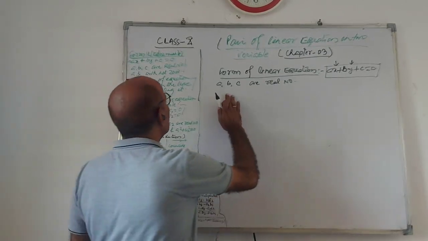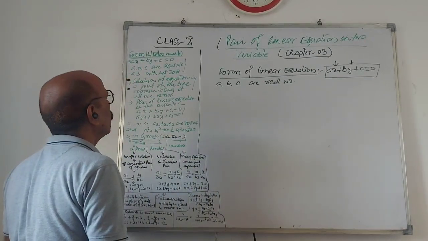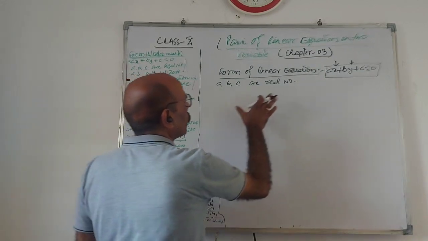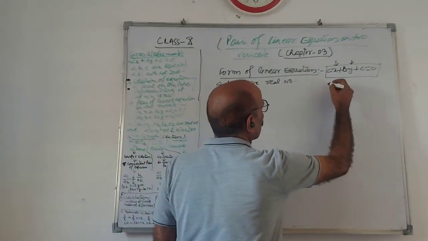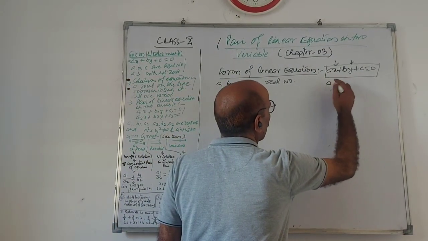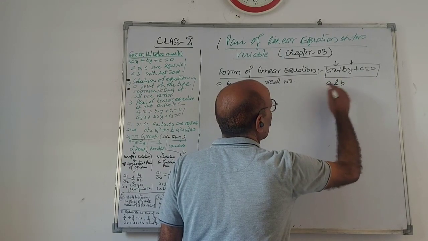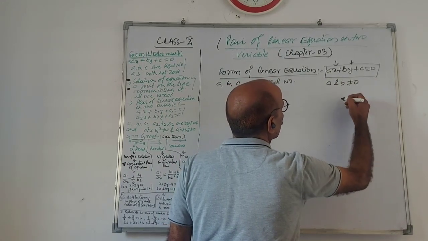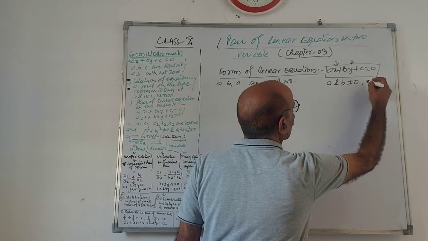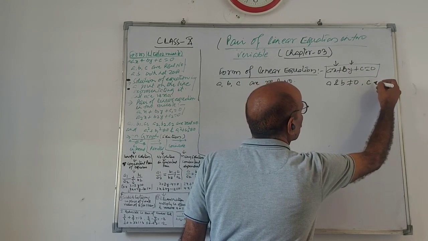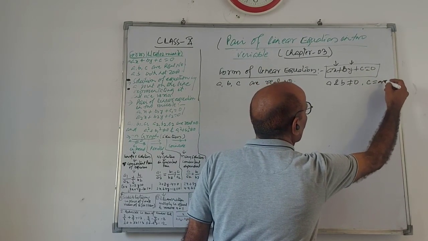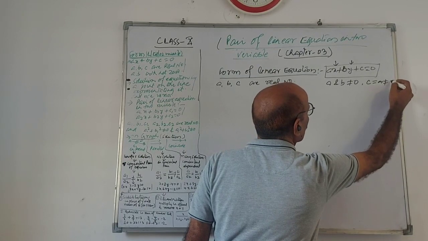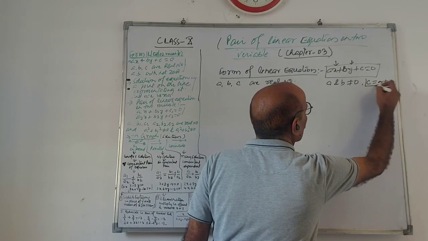A, B, C are real numbers, and in this case A and B are not equal to 0. C may be 0, or not equal to 0.